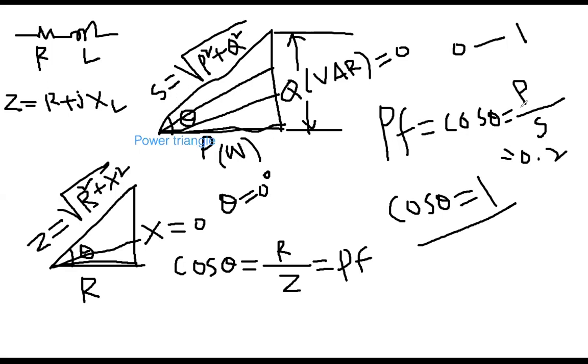I don't know. Similarly, if you have a very big value of X, in this case also it will be low, maybe 0.1 or 0.2. But it is expected to get the cosine theta value of 1.